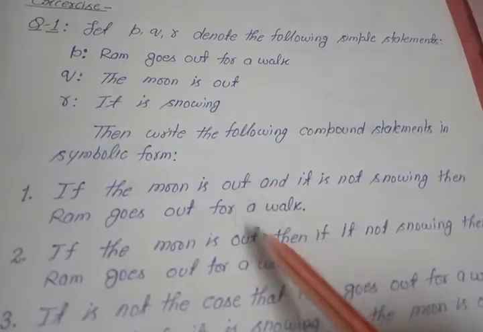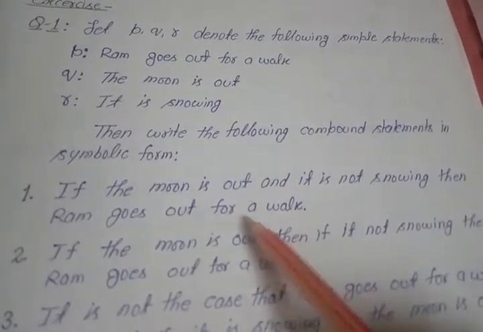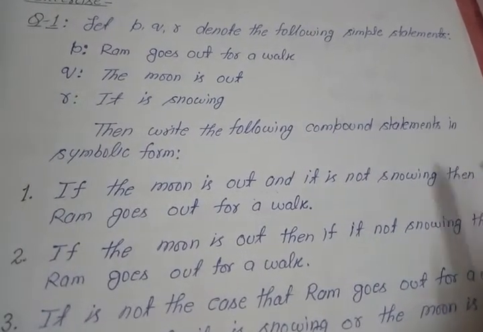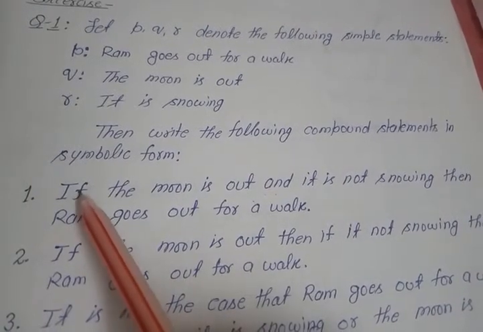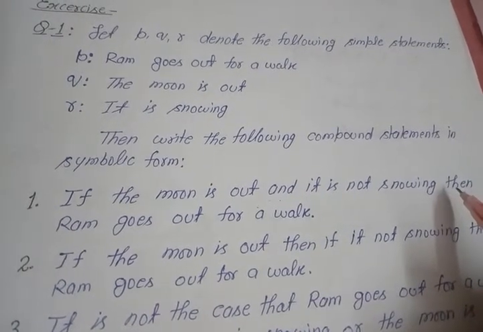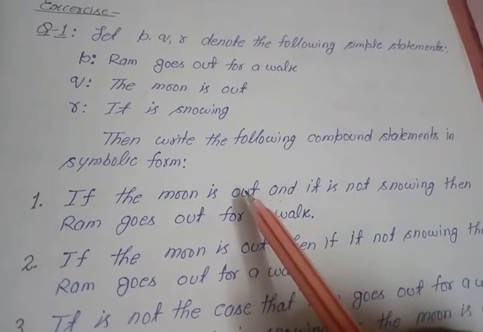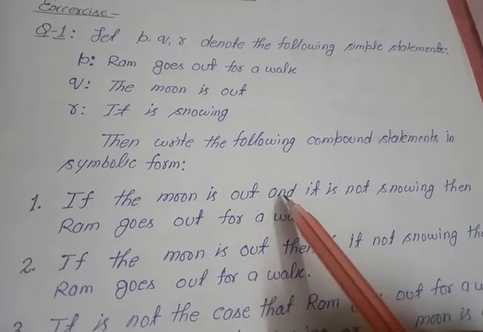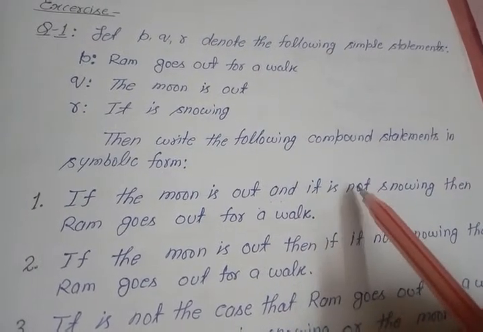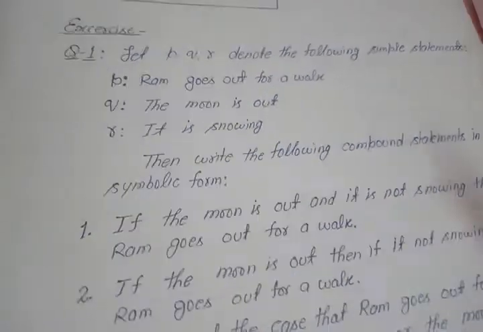Now this is proposition P, and this last statement is attached with the remaining statement with the connective then, and at the start of the question we have used if, and if and then are the symbols of conditional statements. So we will join the first two statements with the connective AND, and this compound statement will be attached to the third one. Here we have written the statement as mentioned in the question.